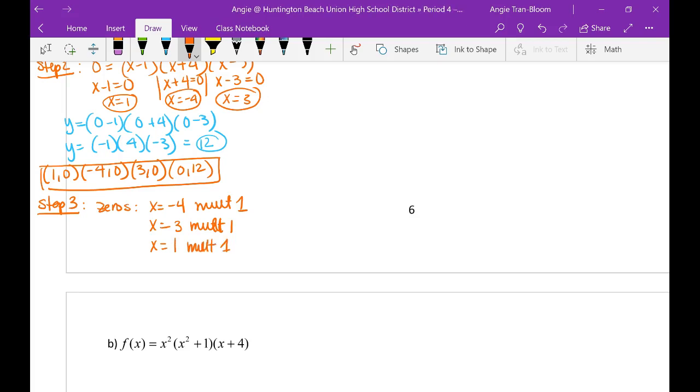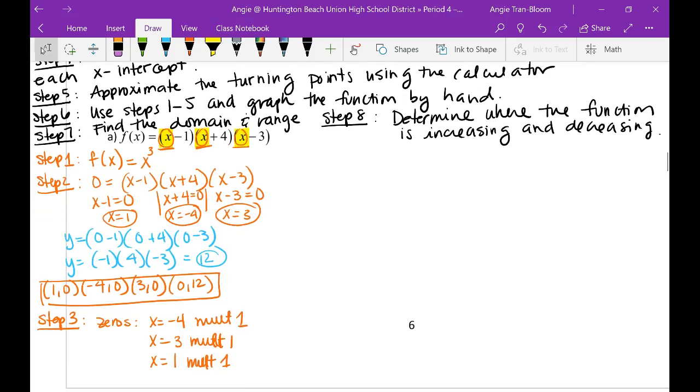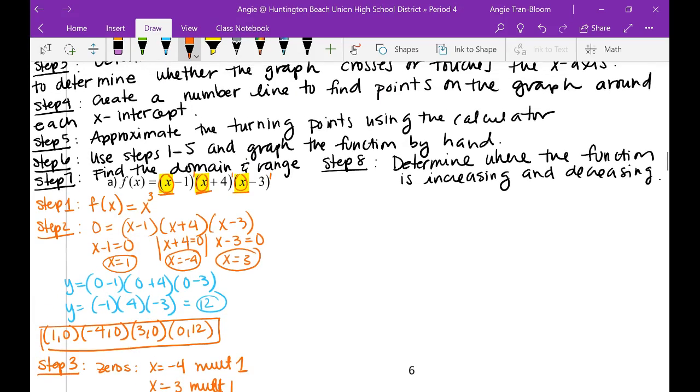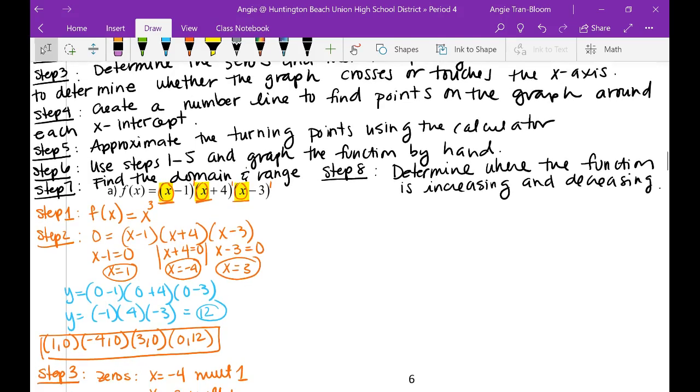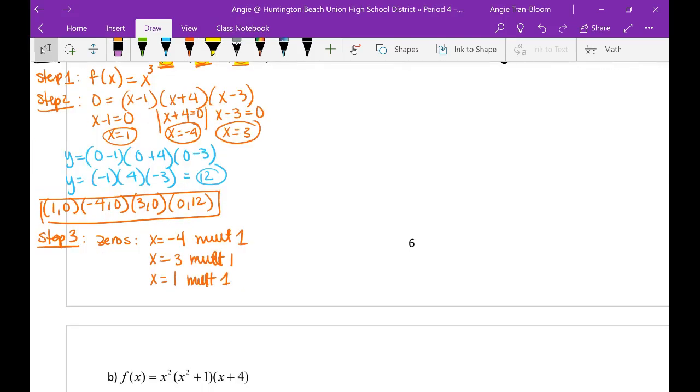They all have a multiplicity of 1 because each one has an exponent of 1 if they don't have any exponent written on them. Now it asks, is the graph going to cross or touch? Because 1 is an odd number, the graph will cross at each x-intercept.